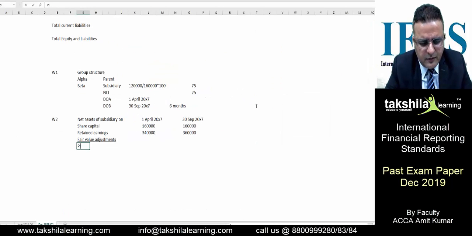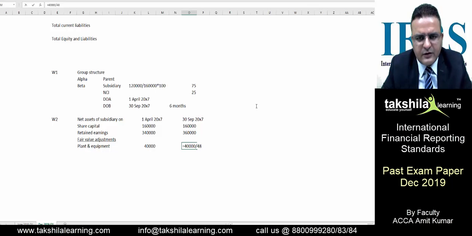So plant and equipment, there's an increase of 40,000. This 40,000 is having a life of 4 years, that is 48 months. 6 months have already passed, that means 42 months life is remaining. 35,000 is the date of balance sheet amount.